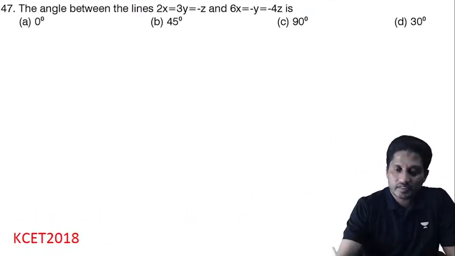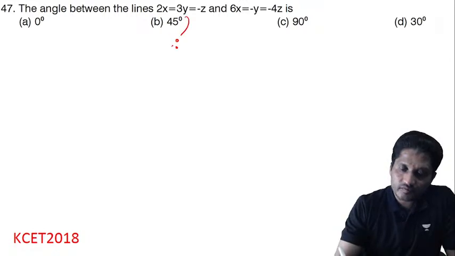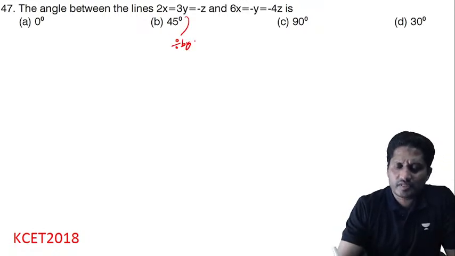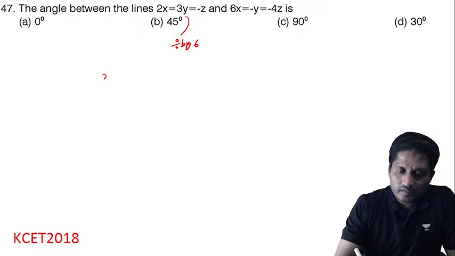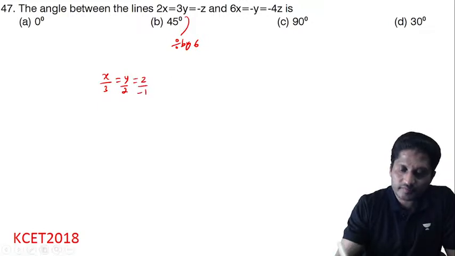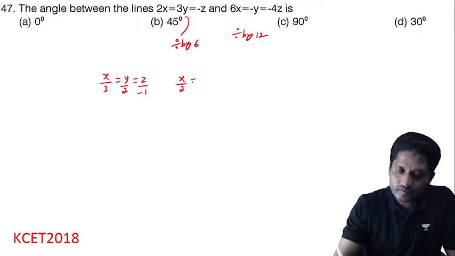Angle between the two lines. Actually, if I divide this by 2, the LCM of 2 and 3 is 6, right? Divide by 6. We'll get x by 3, y by 2, equal to z by minus. If we divide by 12, we'll get x by 2 equal to y by minus 12 equal to z by minus.